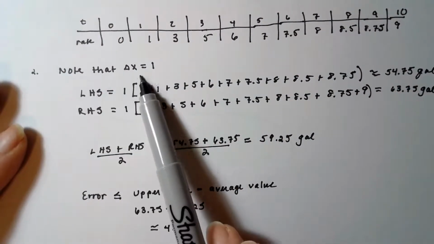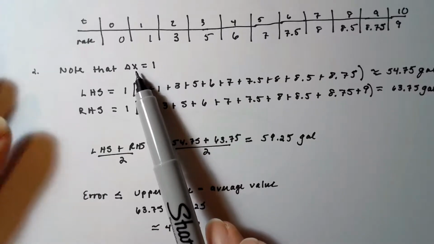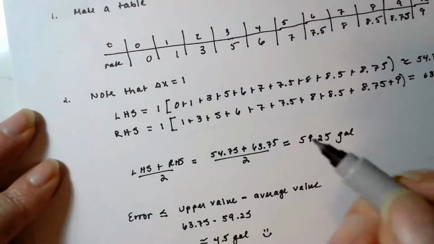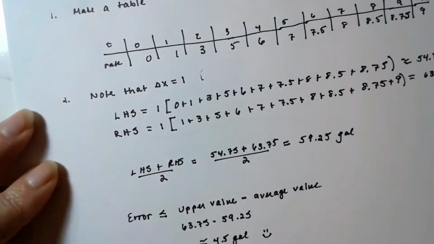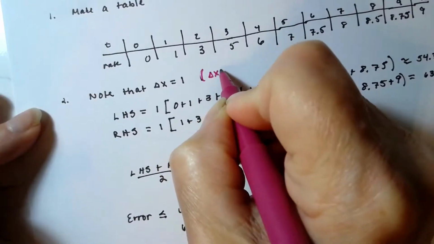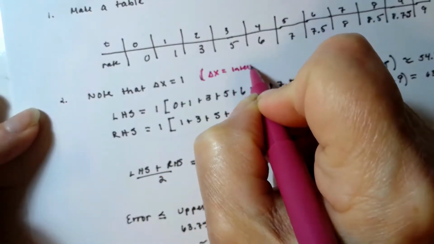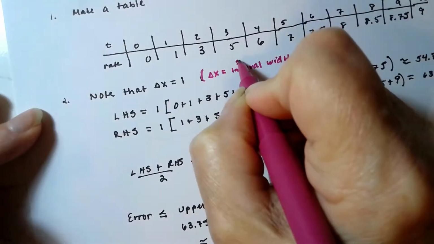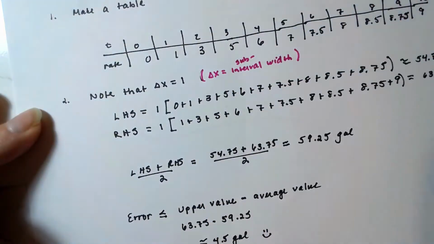Okay, make sure you understand and determine what your delta X is, your interval width. So let me just write that there. This is, let me do it in red, delta X is equal to the interval width, the width of the subinterval.